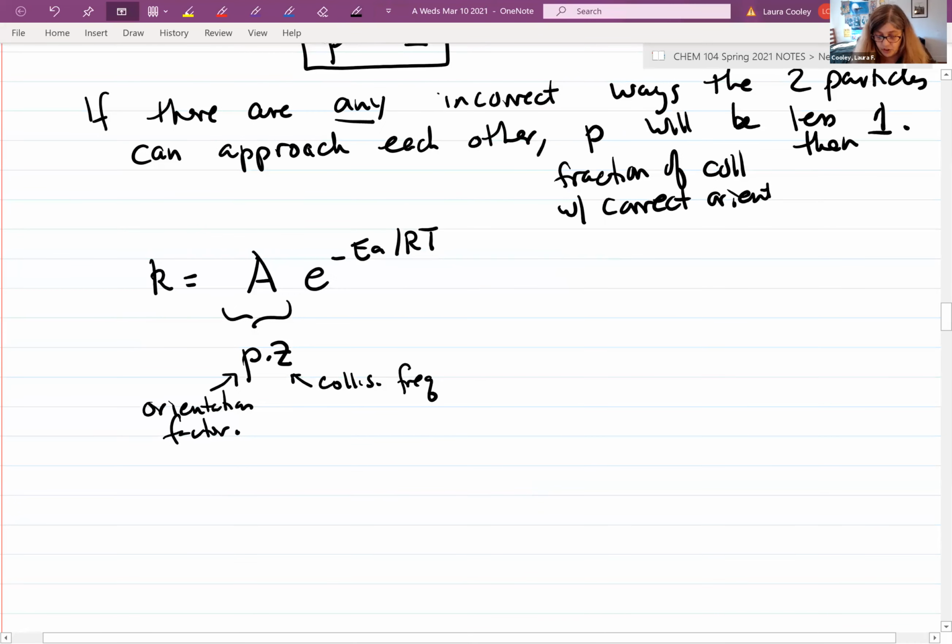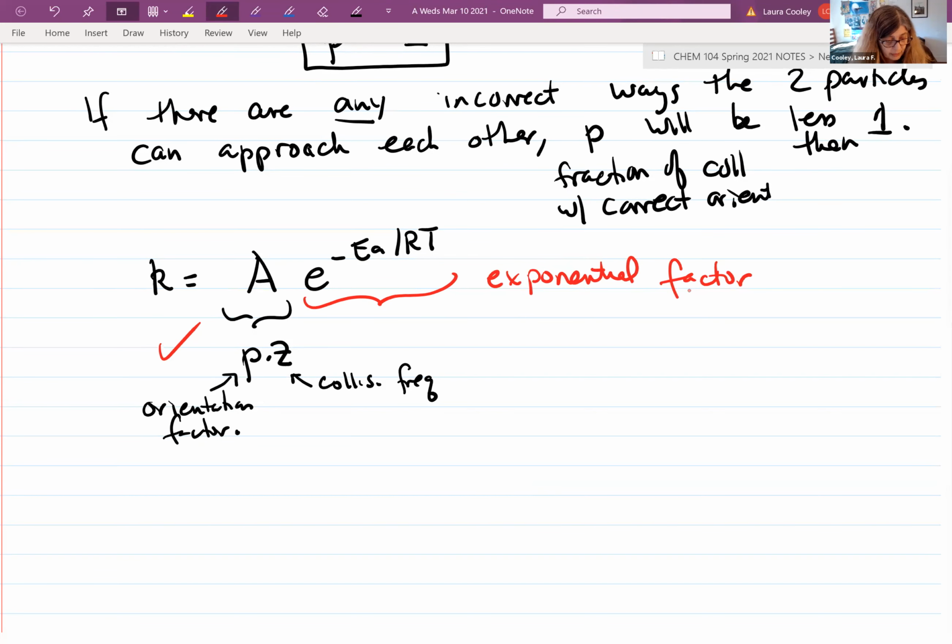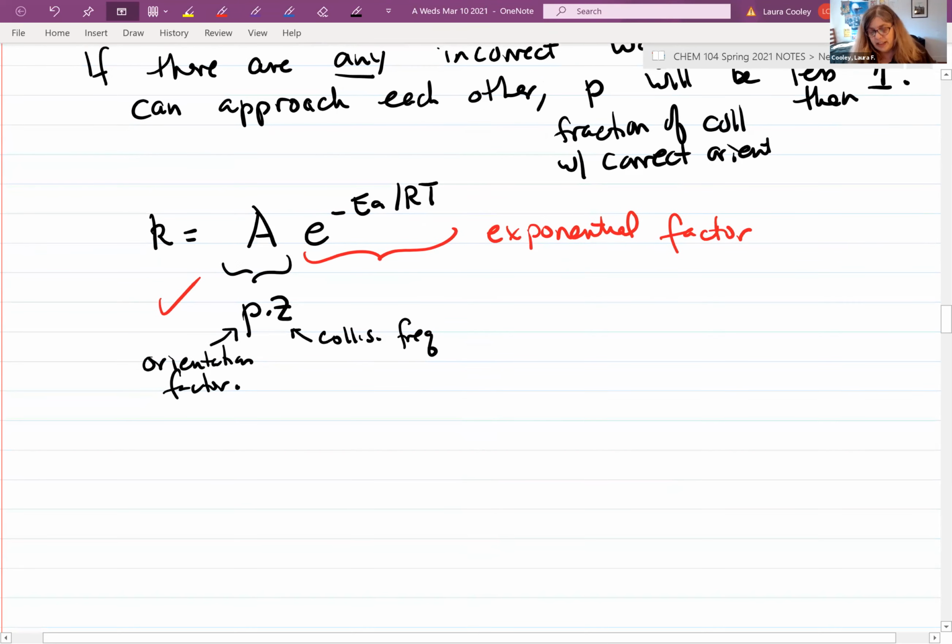Okay, and we've checked off this, we've talked about that. All right, now I've got to talk about this part. This is the exponential factor. This is really a very important factor. It's quite a big deal, and it has to do with that activation energy, which you see the EA here is what we call the activation energy.